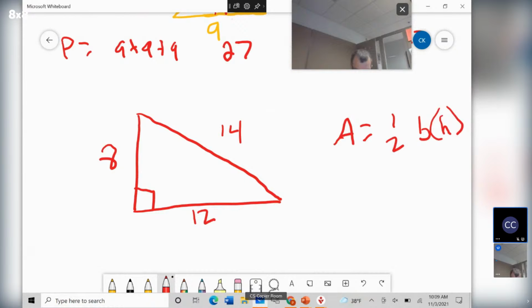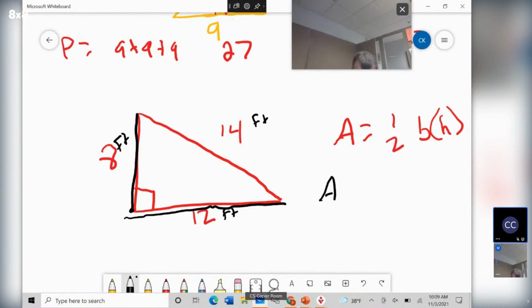Okay, so we know what the base is. That's what the triangle sits on. So the base in this one's going to be the 12. And we know the height because we see the triangle starts right here and it goes all the way up to there. We'll say these are all feet. So let's plug it in.